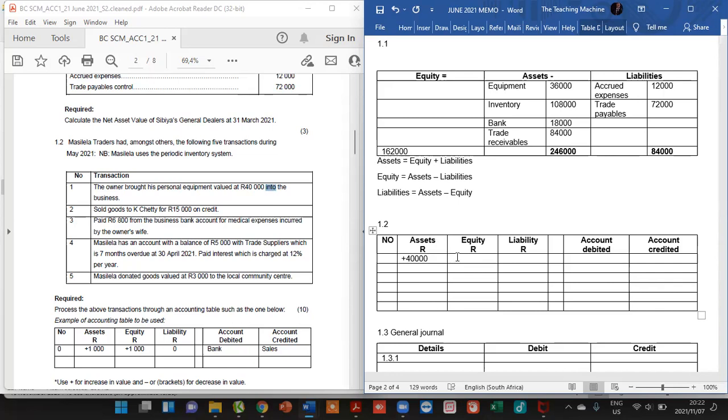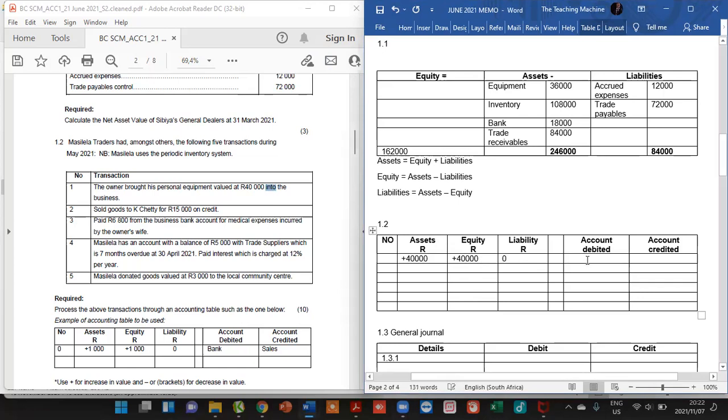The owner is buying equipment for the business. Now, the owner's contribution into the business increases. He is adding value into the business. What about liabilities? Are we owing anyone? No, we're not owing anyone.